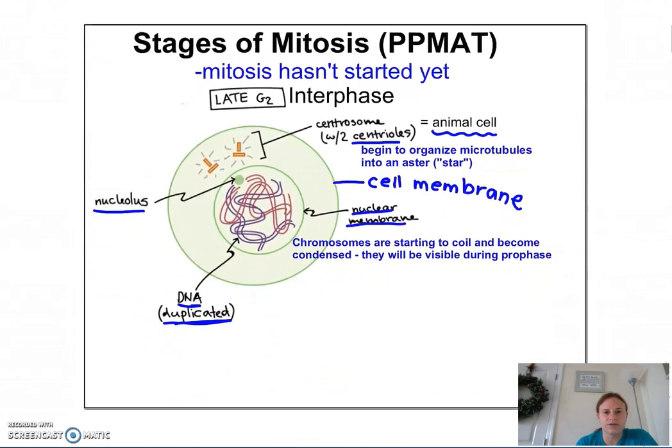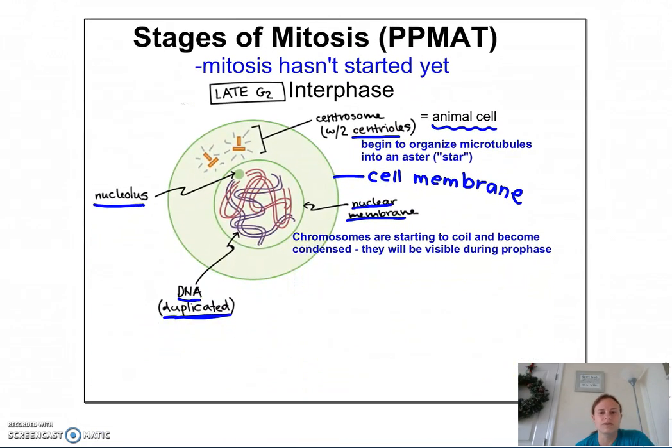So here's interphase right before mitosis has started, during the late G2 phase of interphase. You've got your centrosomes with 2 centrioles. That would only be found in animal cells, where you're beginning to organize the microtubules into an aster, or a star. So this here is an aster.